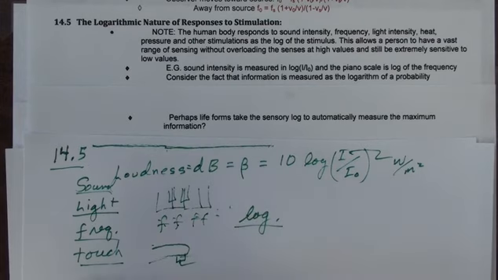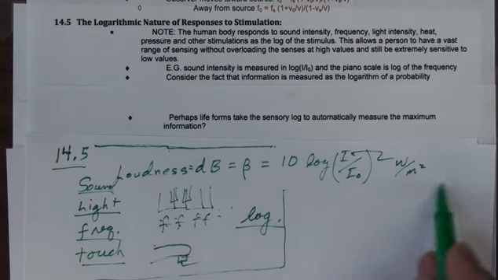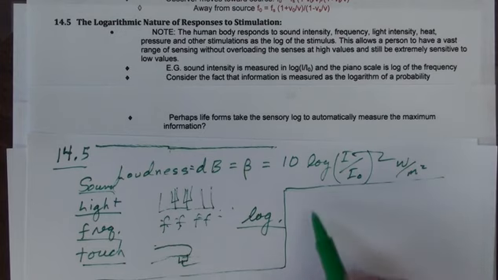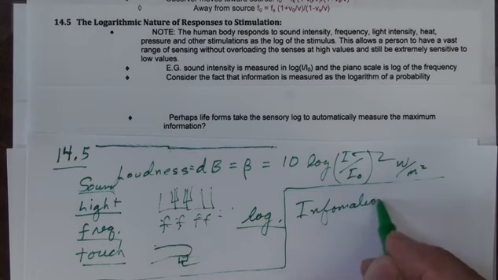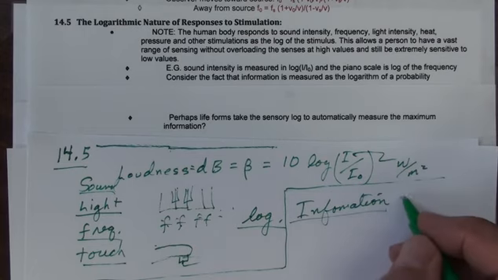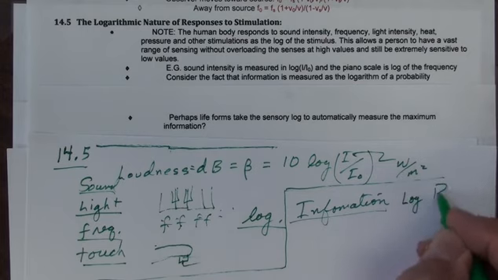And it turns out, and we'll discuss this later on in the course, that information is measured mathematically in terms of the logarithm of the probability.